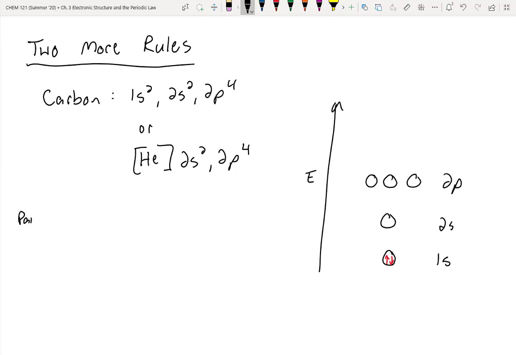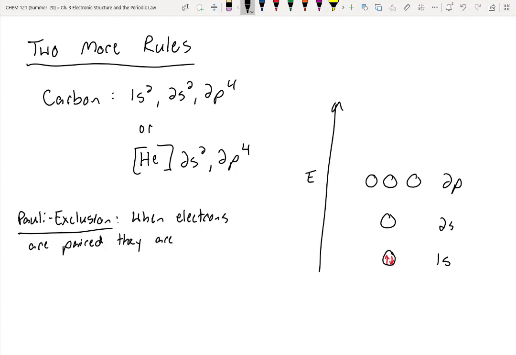This is called the Pauli exclusion principle. And Pauli exclusion says that when electrons are paired, they are spin opposite.